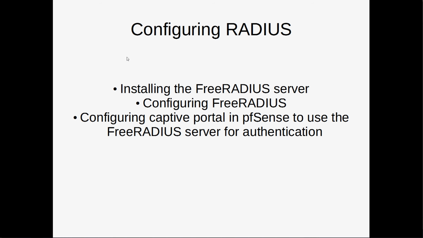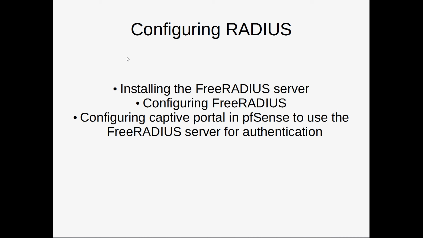And I'm just going to give a brief overview of what we're going to do in this video. First, we're going to install FreeRADIUS server. FreeRADIUS is, according to their website, the most popular implementation of Radius, and it's available in the Mint Linux repositories, which I think is just the Ubuntu repository, so it's very easy to install.